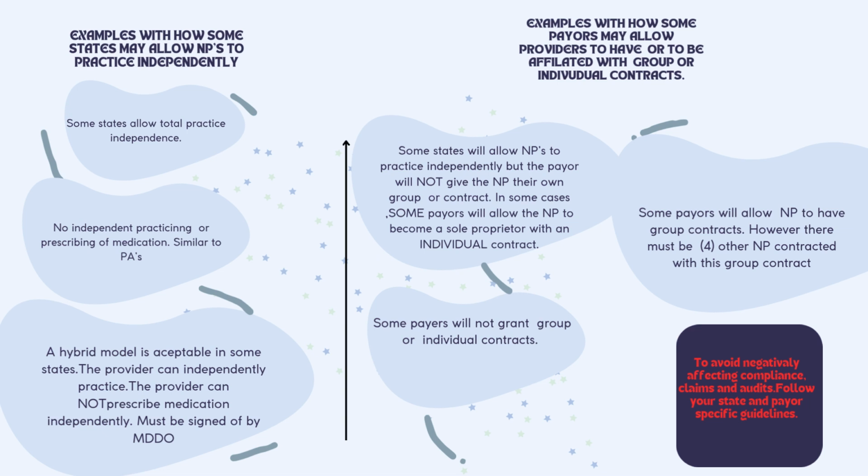And here are some examples of how some payers may allow providers to have affiliated or group individual contracts. To avoid negatively affecting compliance, claims, and audits, follow your state and payer specific guidelines.